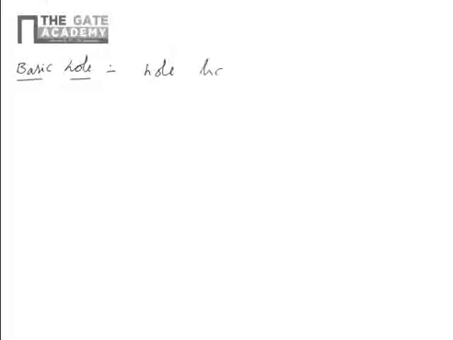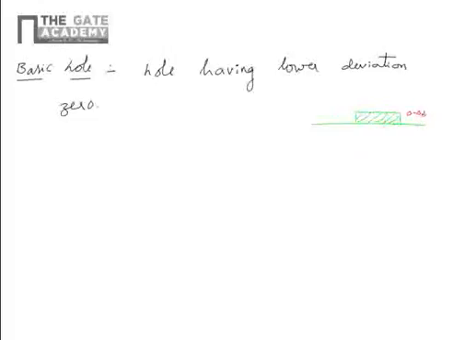Hole having lower deviation 0 is called basic hole. Same example which we have discussed: 50 is basic size.